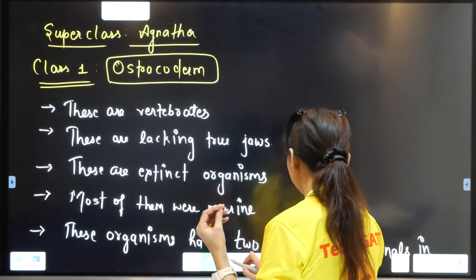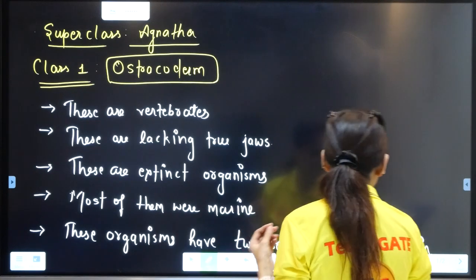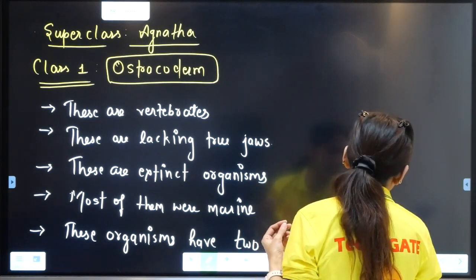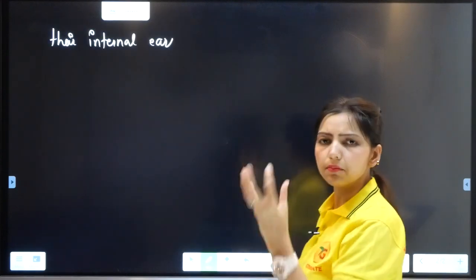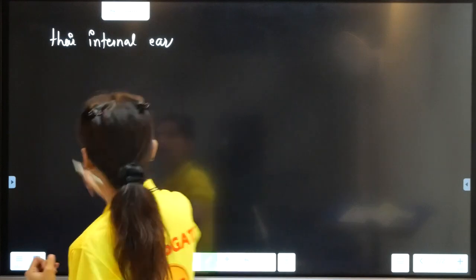Now just make it rings, not canal. Two semicircular rings, because it will be more relatable. Canal is also the same thing, in their internal ear.